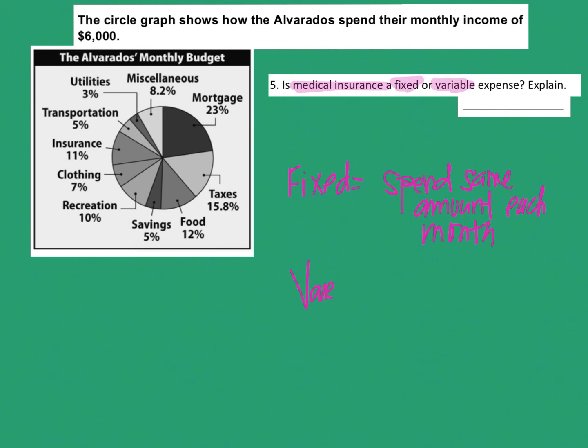Variable means you decide how much to spend. Or you don't spend the same amount every month, basically. Not the same each month. Okay, you choose. You decide how much.